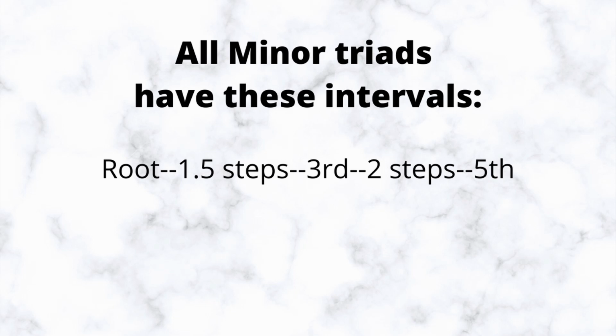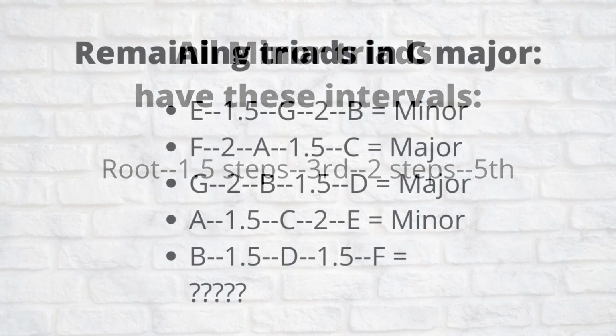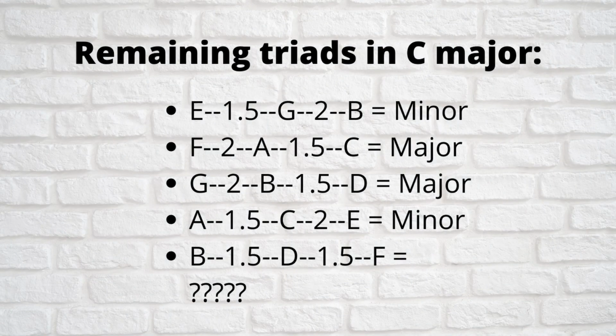So now that we know that, we can go through the rest of the triads of the C major scale, see what intervals they have, and define them as being either major or minor. So if we look at the intervals of the E triad, we're going to come to see that it's an E minor chord, because from E to G is 1.5 steps, and from G to B is 2 full steps.